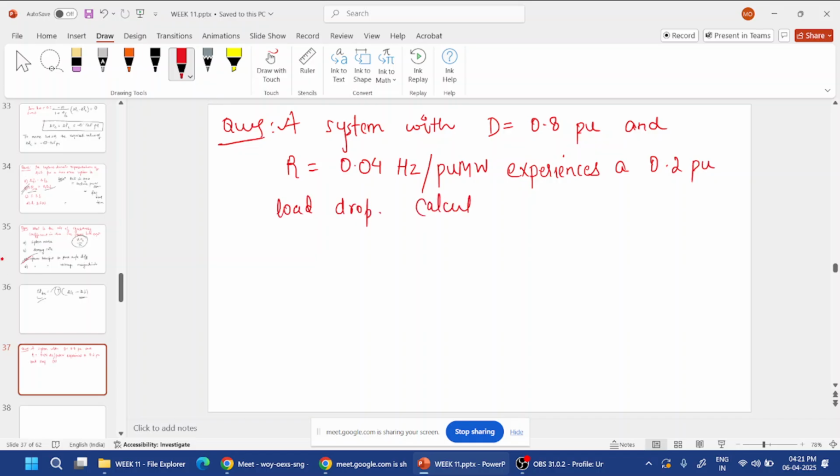Calculate the steady state frequency rise.